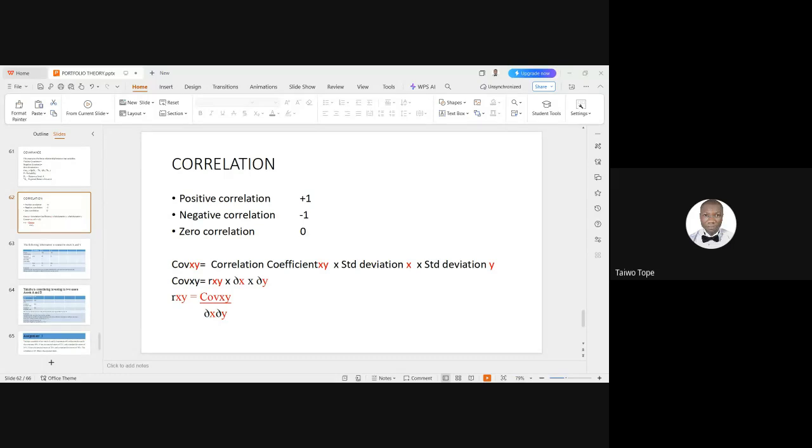In this covariance, that's the relationship between stock X and Y, can be expressed as what?